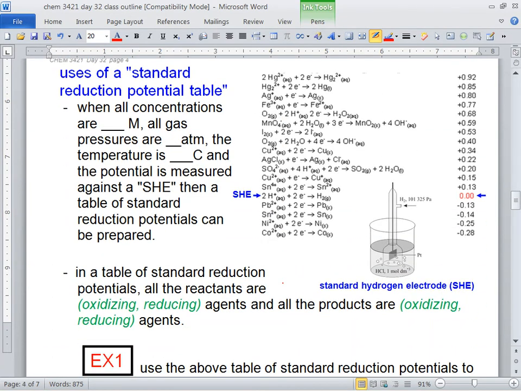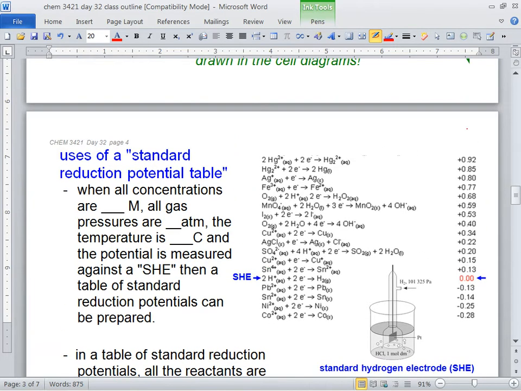Standard reduction potential table. So they have all these half reactions, then they have a bunch of voltages. There's your volts over here, and here's your half reactions over here. So they make these tables. When all concentrations are blank molar, all gas pressures are blank atmospheres, the temperature is blank degrees Celsius, the potential is measured against a standard hydrogen electrode.